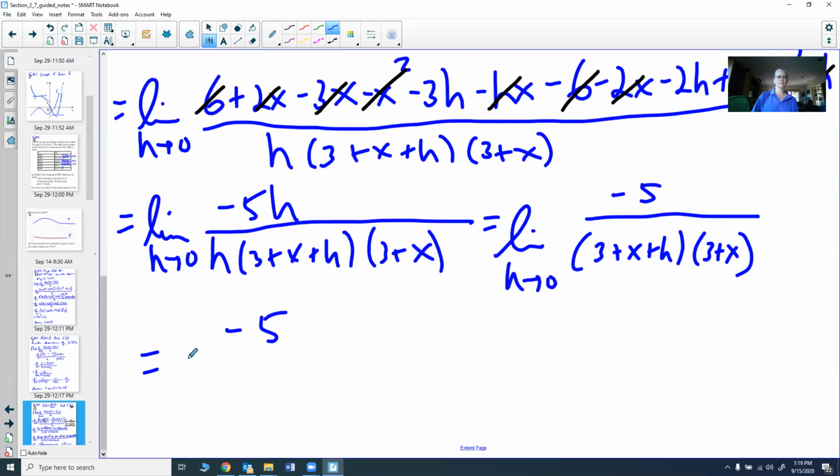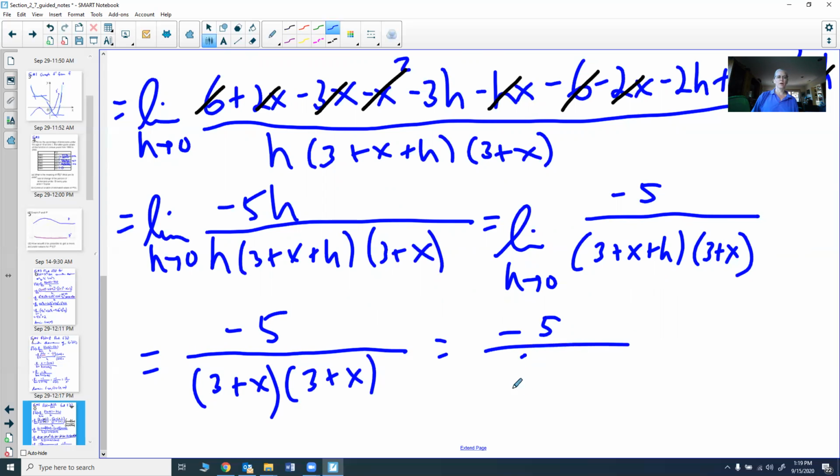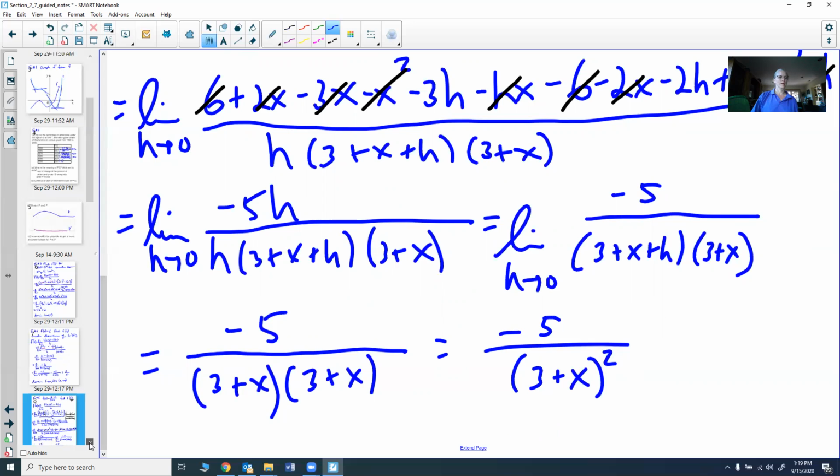Negative 5 is just a constant, so the limit is just a constant. 3 is just a constant. x is not a constant in your mind, but x is a constant in terms of my limit because my limit involves h and not x. So x is actually a constant, and so it's just x. h goes to 0, and you get 3 plus x. So I end up with negative 5 over 3 plus x quantity squared. And there's your derivative.